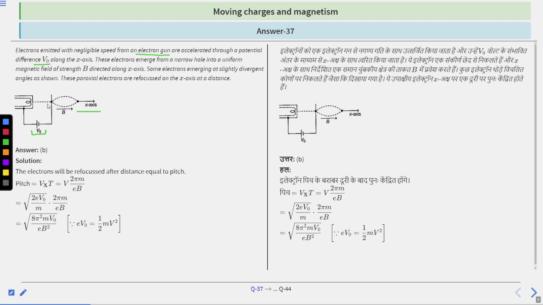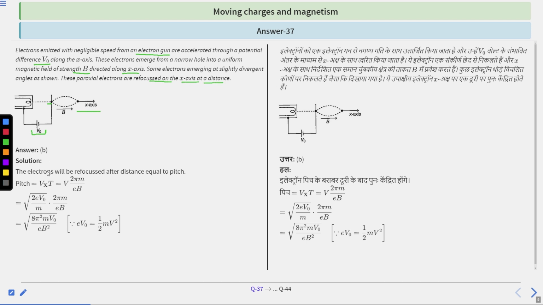The given magnetic field strength is B, directed along the x-axis, and some electrons are at slightly divergent angles. So we have to find at what distance they are refocused on the x-axis.